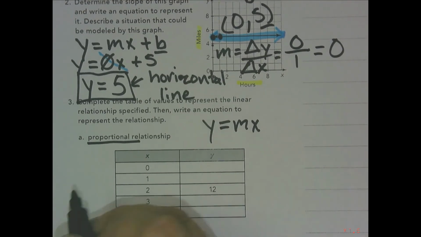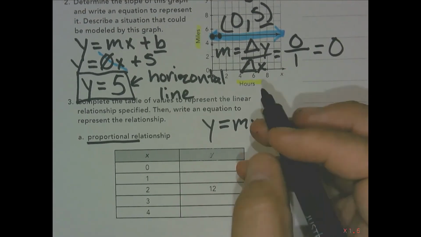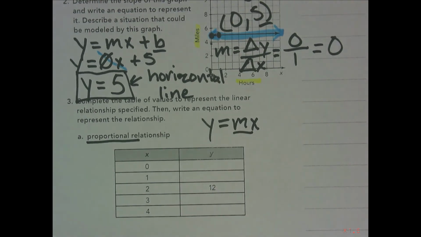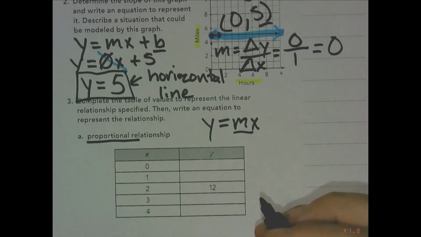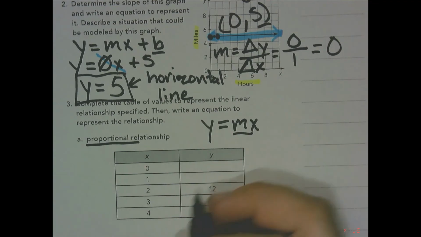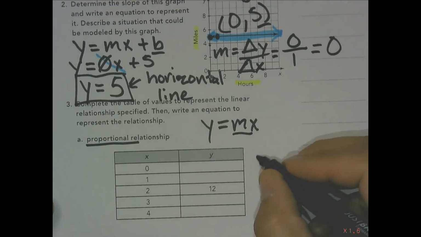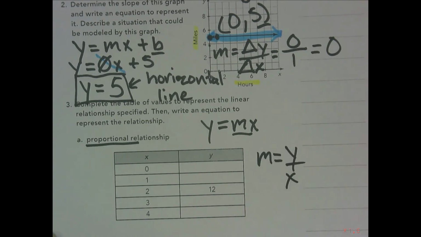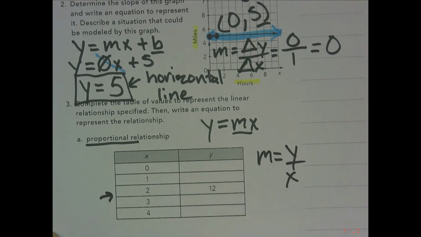To write this equation, I need to figure out what m is. A couple worksheets back, we discovered that you can find m if I divide both sides by x. So m equals y divided by x.